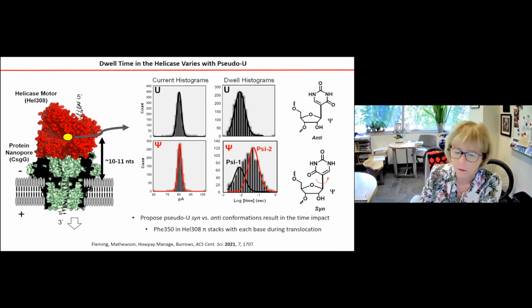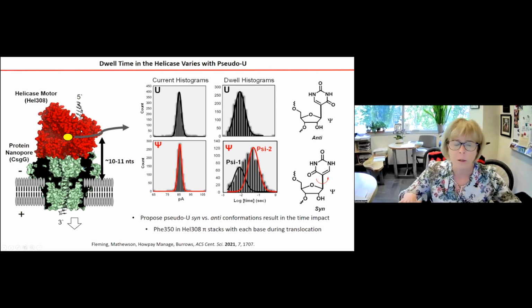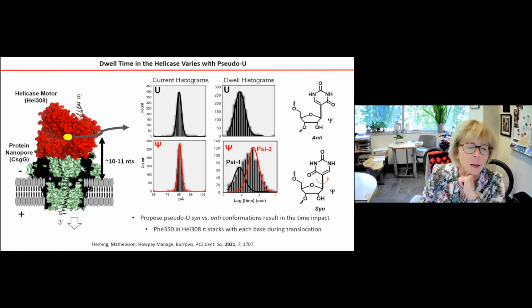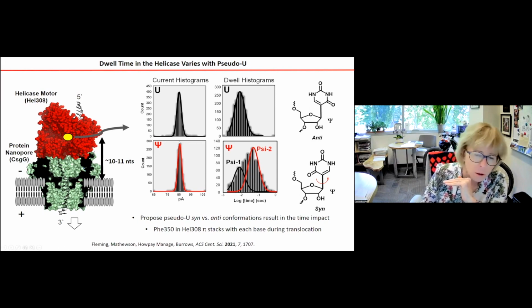But a key thing that Aaron Fleming noticed was that the other protein is also reading the base. I say that because the helicase is responsible for pulling apart a base pair before it goes into the nanopore. And depending on how well stacked that base is, it'll be easier or harder to pull apart.